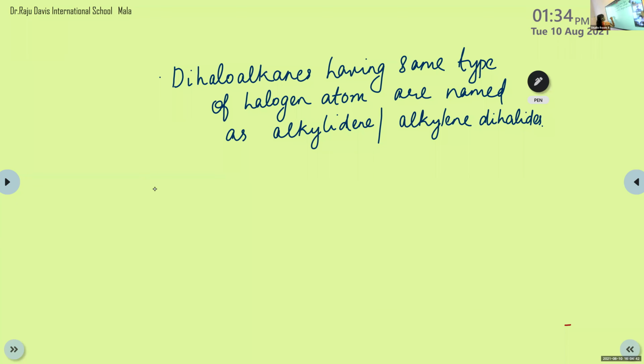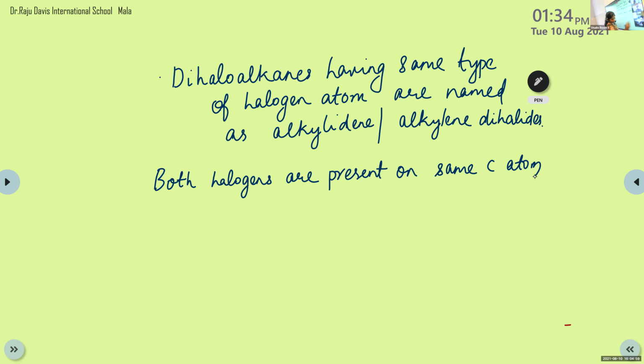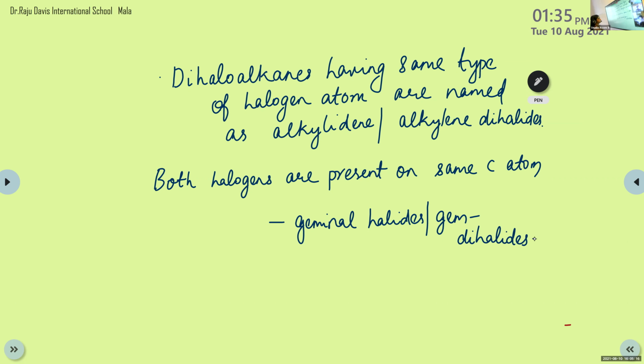Then both these halogens are present on same carbon atom. They are known as geminal halides or gem dihalides.